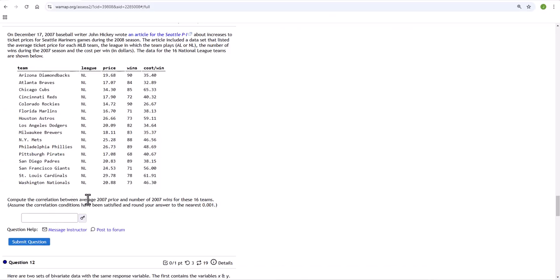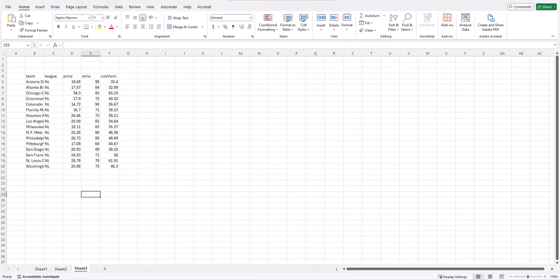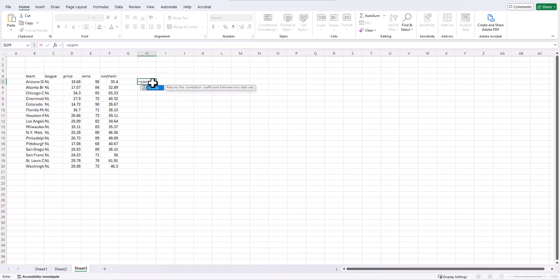Compute the correlation between average 2007 price and number of 2007 wins. So price and wins is the correlation I'm going for. Again, I'll just use the CORREL function, grab the price, comma, the wins, close it up, and I get my correlation.